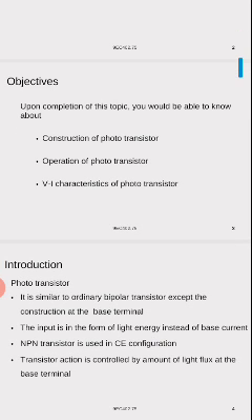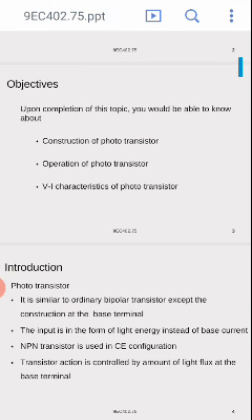Okay, let us discuss clearly about the phototransistor. The transistor, we know, has three layers, two junctions, three terminals.